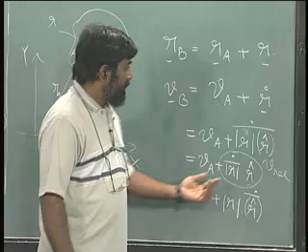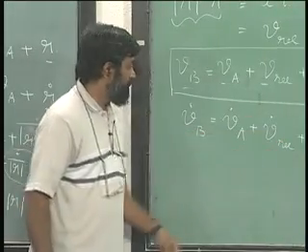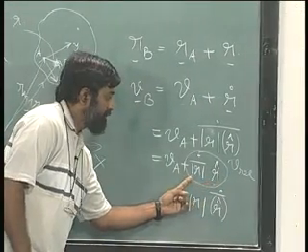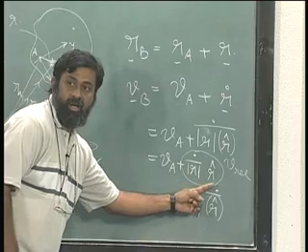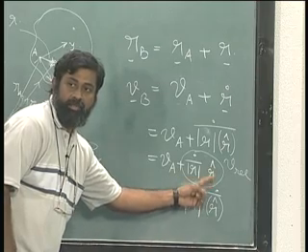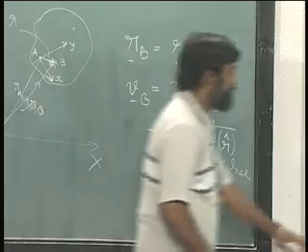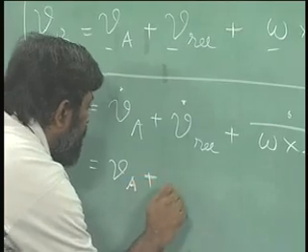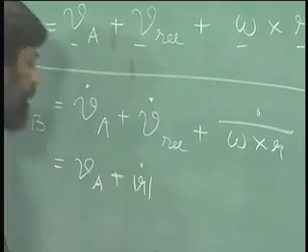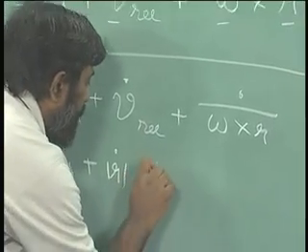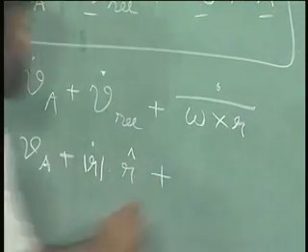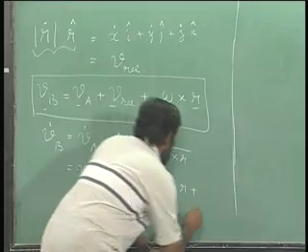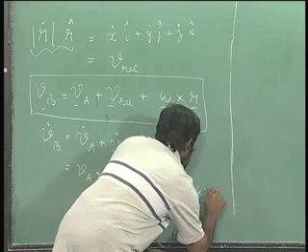Now, instead of writing V dot relative, I am going to use what we have already written here, which is R dot times R cap. So, it is A A plus R double dot times R cap plus omega dot cross R plus omega cross R dot.